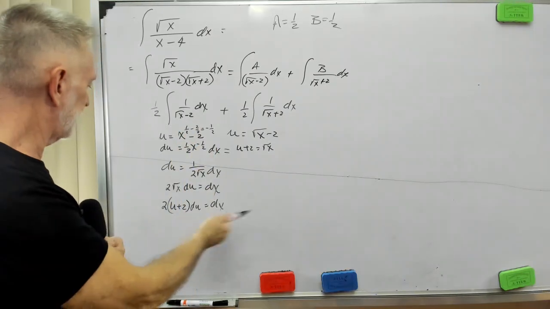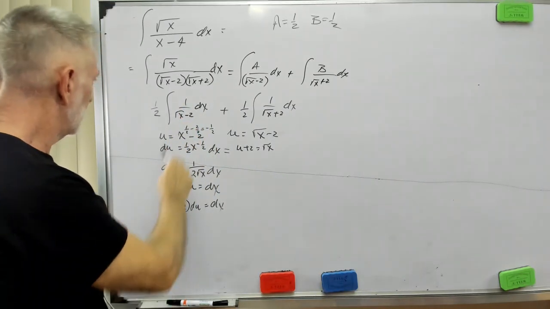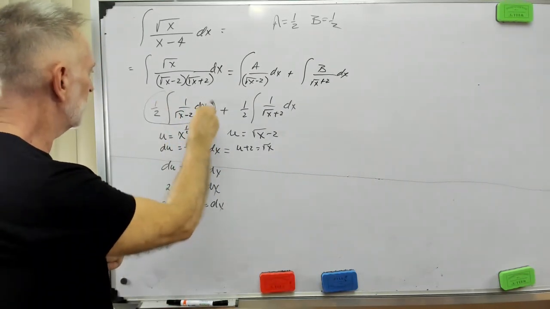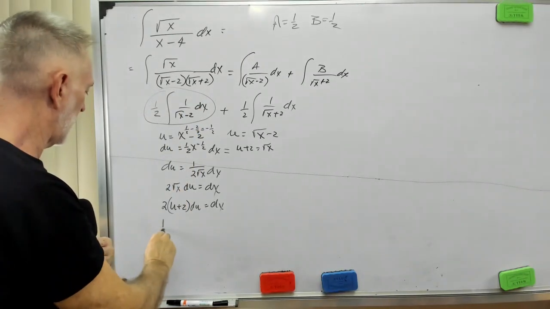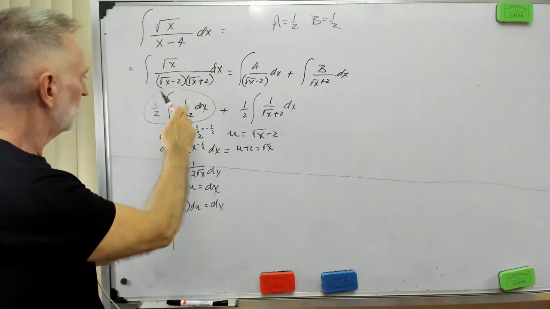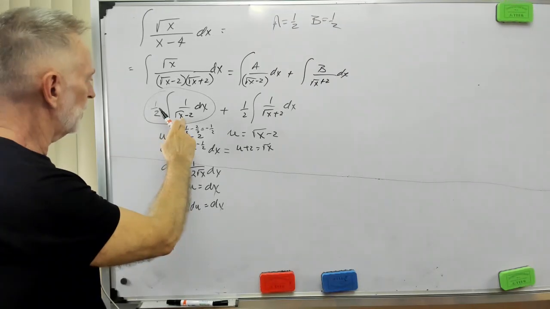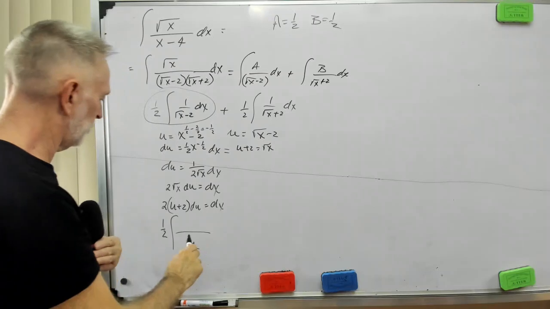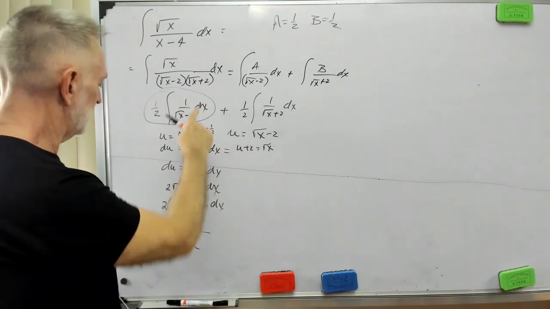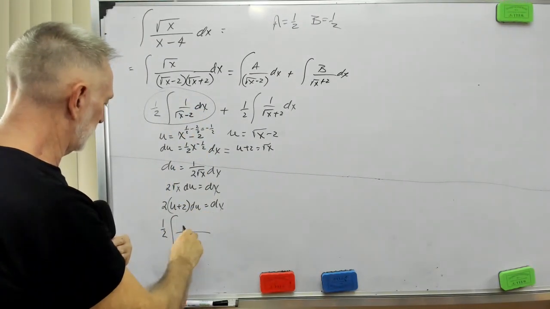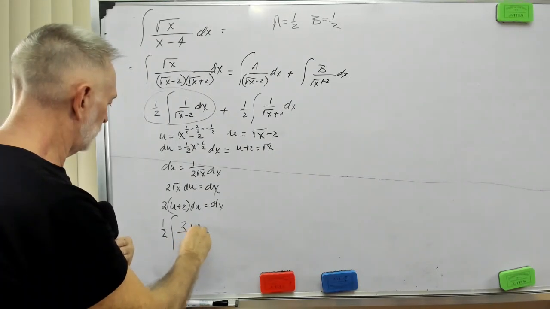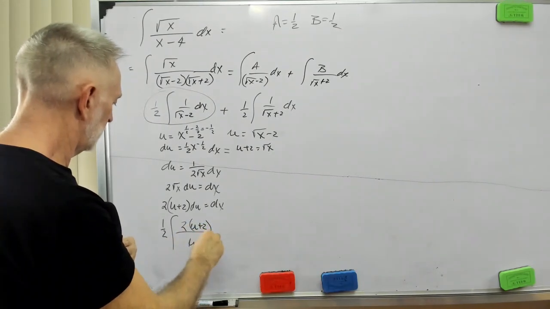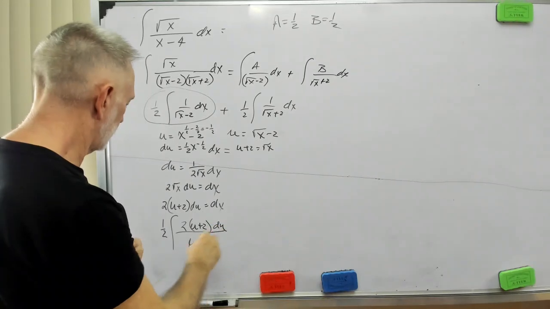All right, let's fill in the blanks here. This integral, this one right here, is 1/2 the integral. Remember, square root of x minus 2, that's u. So I have all that over u. It's 1 dx. So dx now is 2(u plus 2) du.